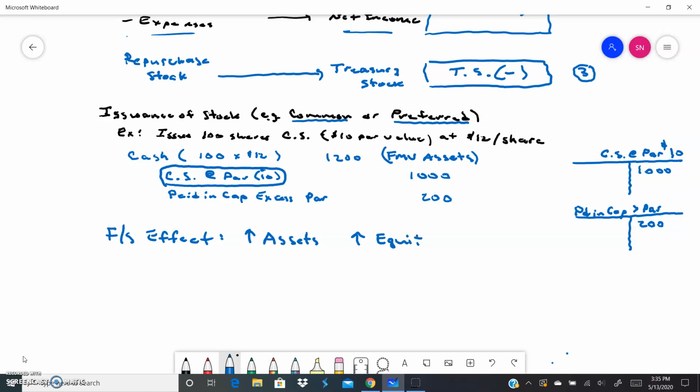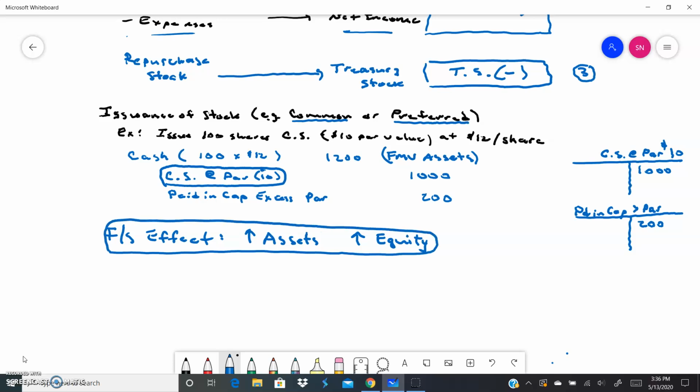So the financial statement effect of issuing common stock or preferred stock or any other class of stock would be to increase assets and to increase equity. So again, just understanding what the effect on the financial statements would be from that transaction. And that makes sense. The owner is putting additional resources into the company. It makes sense that the company's assets would go up and the corresponding equity would go up. No effect on liabilities.